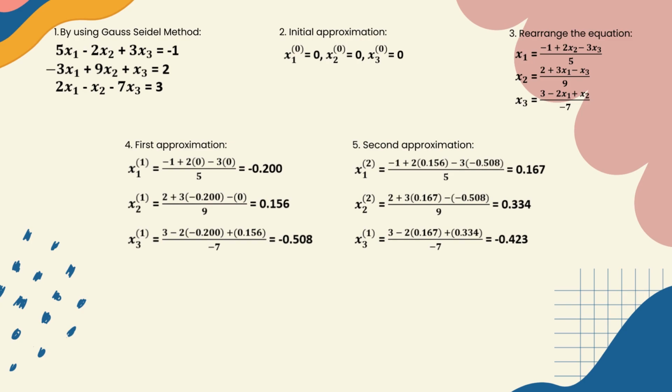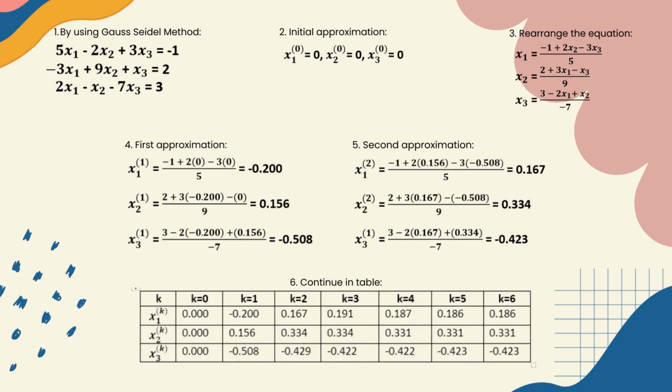We will continue calculating until all approximations converge. It is important to use the updated values of x1, x2 and x3 in the same iteration because we are using the Gauss-Seidel method. Last but not least, I have calculated the rest of the iterations and put them in the table.